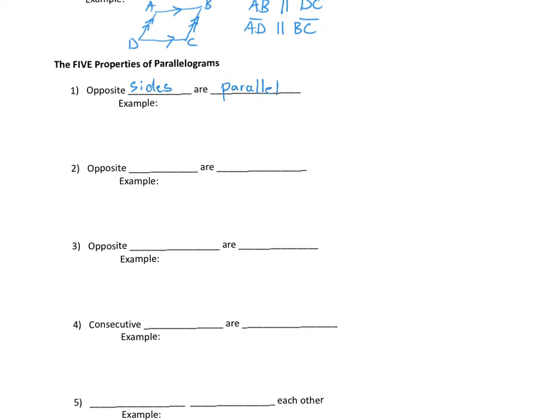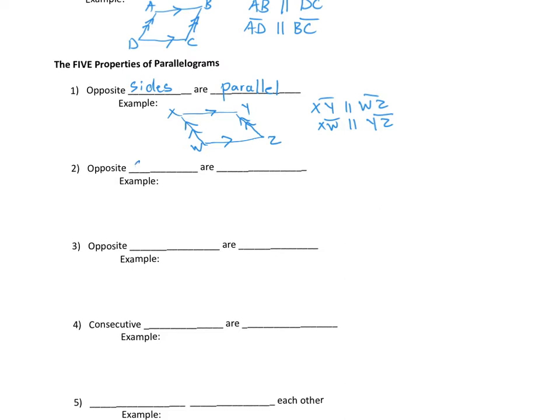For example, as we've already said, if we had W, X, Y, Z, and this is this, and this is this, XY is parallel to WZ, and XW is parallel to YZ.